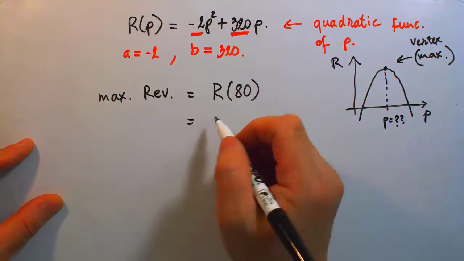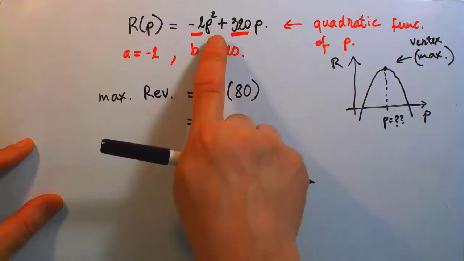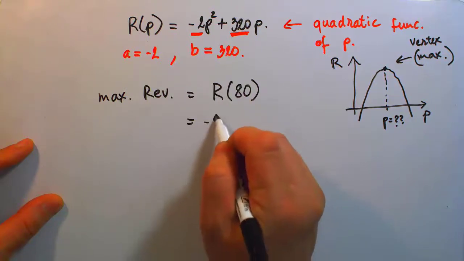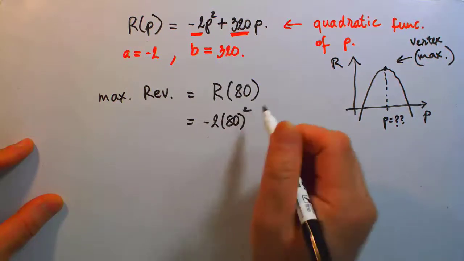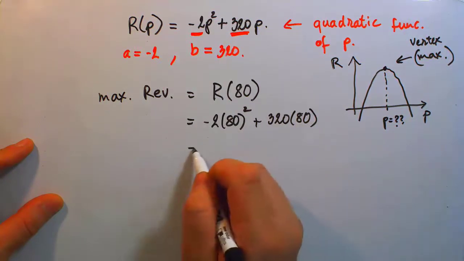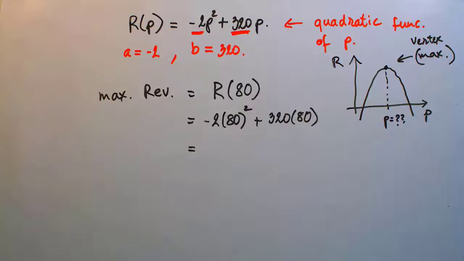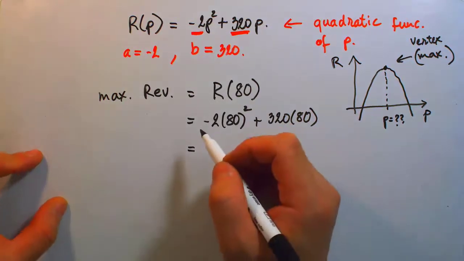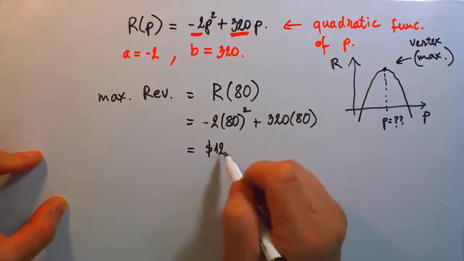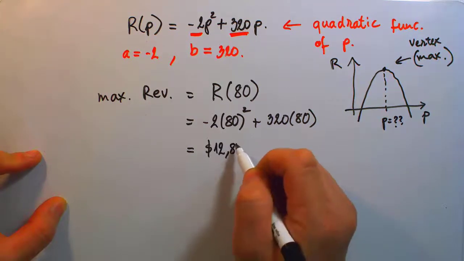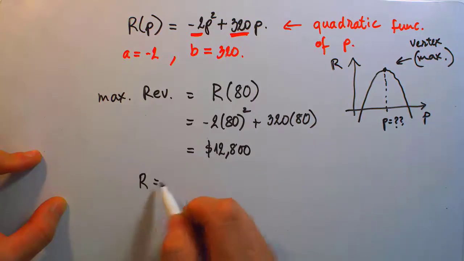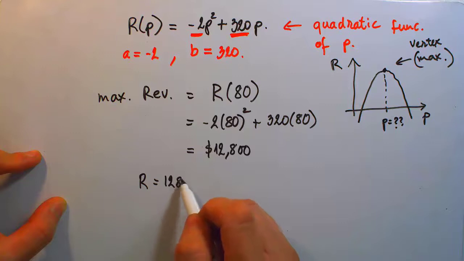So now it's just a matter of evaluating your function at P equals 80. So now I'm going to have minus 2 times 80 in parentheses squared plus 320 times 80. The final value comes out being $12,800 monthly for revenue, or R equals 12,800.